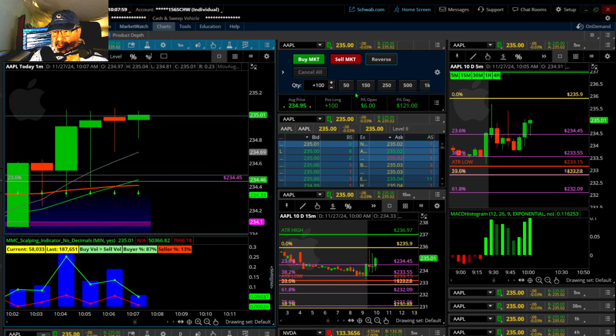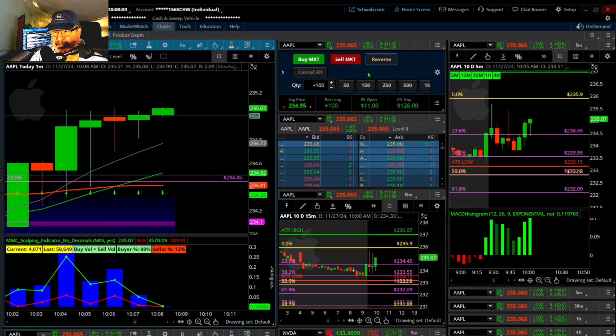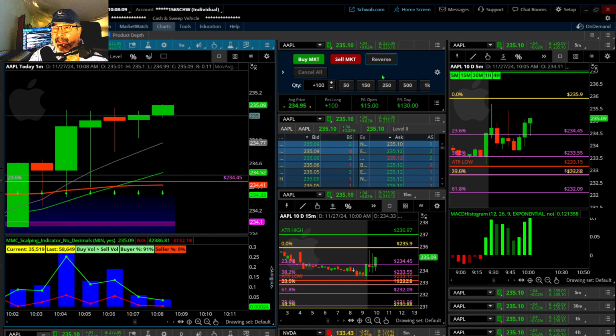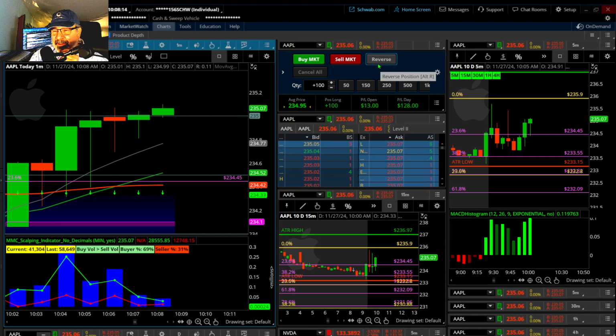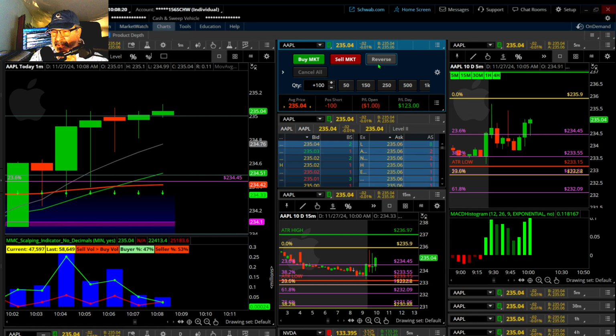Now, I'm reversing because it's a certain style I do, which I call managing a bad position. In my mind, my logic is, you see guys seeing this, right? This is pretty good. It just keeps going. My logic is, I'm just going to take that quick $11 and see if it pulls back down to the even dollar again for a second, or below the even dollar, and gives me a chance to get back in.